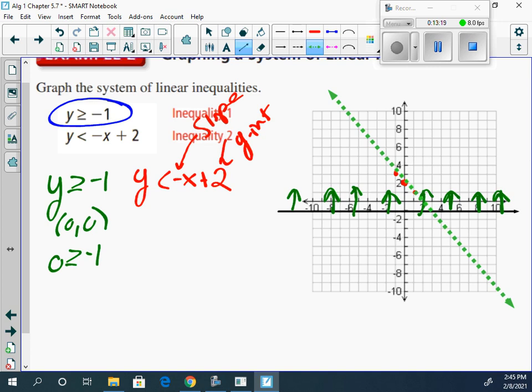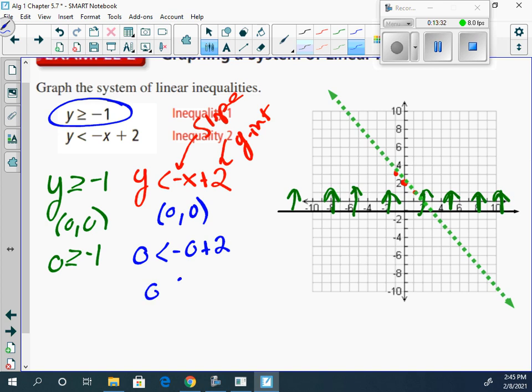Okay. Now we need to check a point. 0, 0. It's not going through the origin or the point 0, 0, so we can use it. Tells me 0 is less than, well, negative 0 plus 2. 0 is less than 2. Is this true? Yes. So the origin is here. So we shade towards it, shade towards that point.